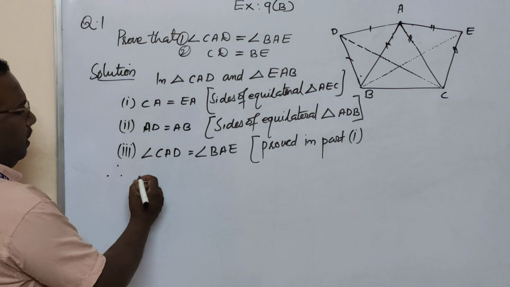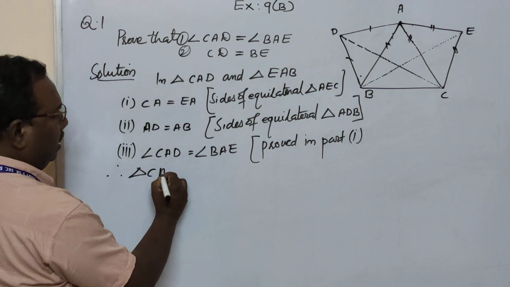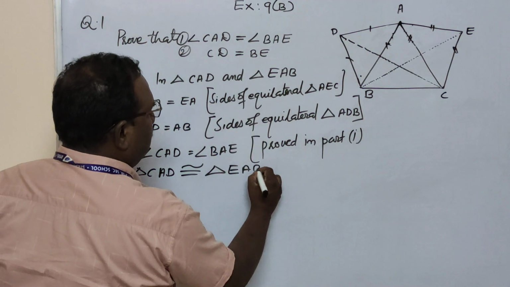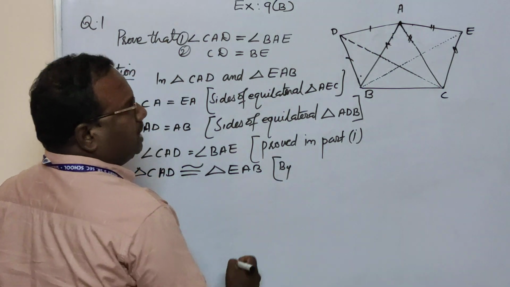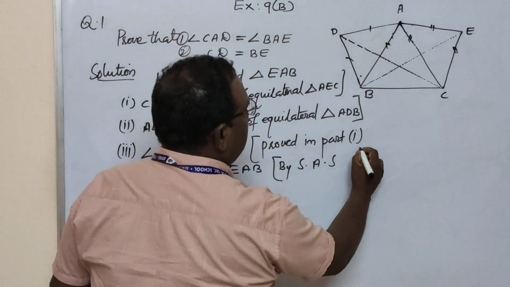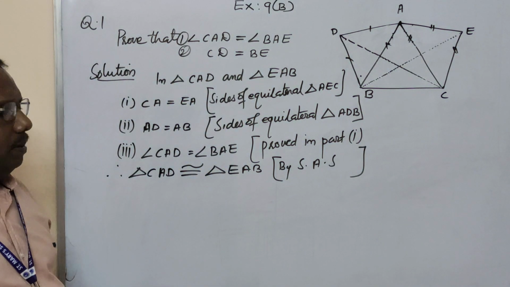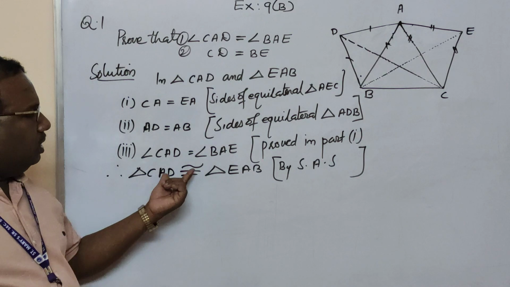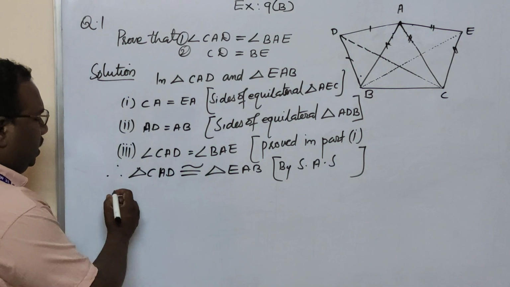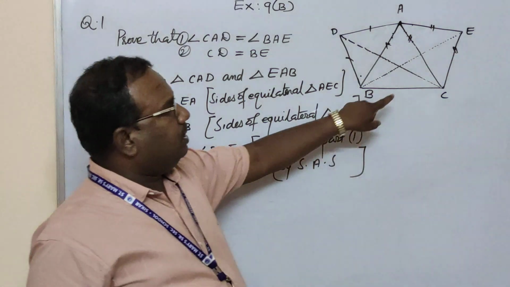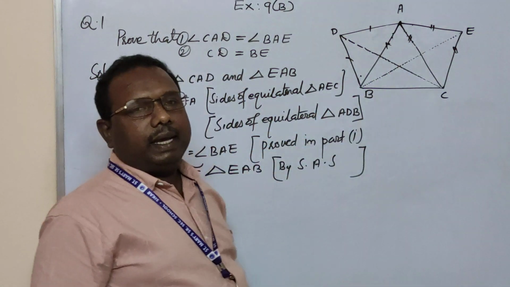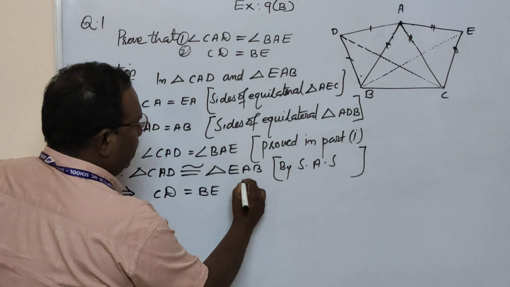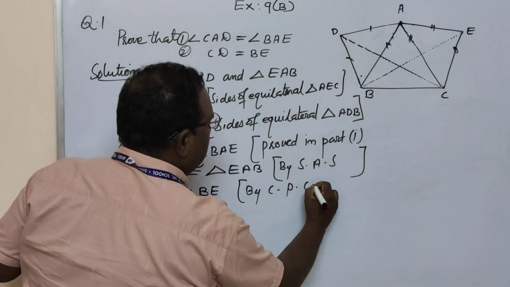Therefore, we can write triangle CAD is congruent to triangle EAB by side angle side criterion of congruency, which implies you can write CD equal to BE by CPCTC.